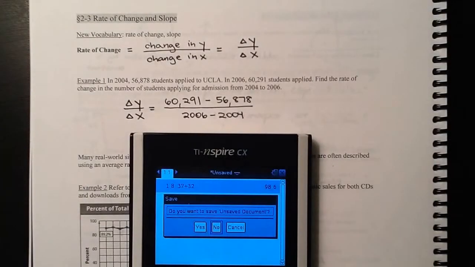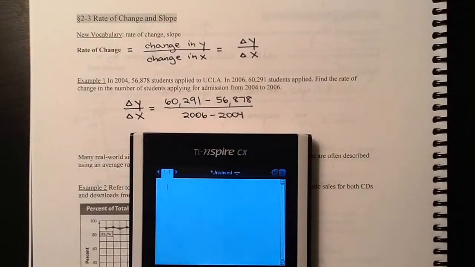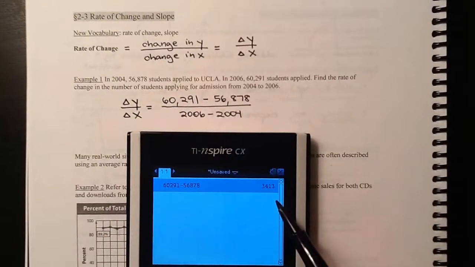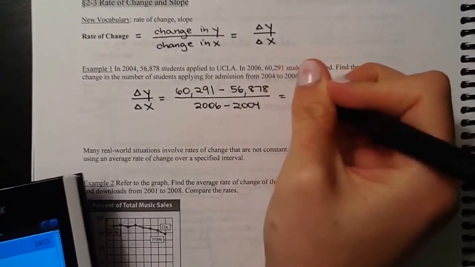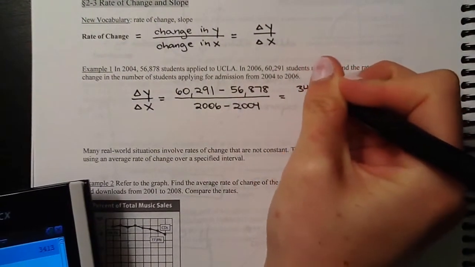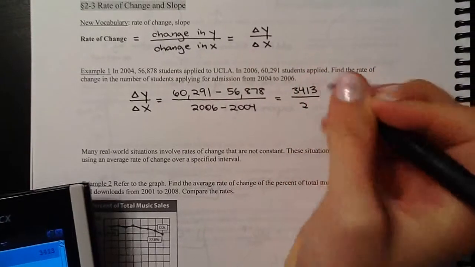So we'll plug that in. Calculator page, 60,291 minus 56,878. So over the course of 2 years, there was an increase of 3,413. And then, of course, this is a change in 2 years.